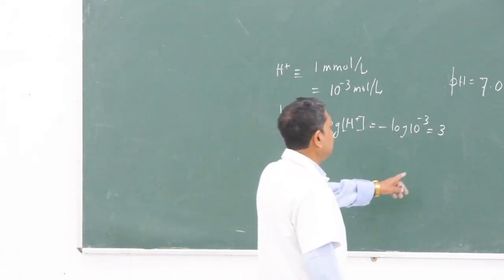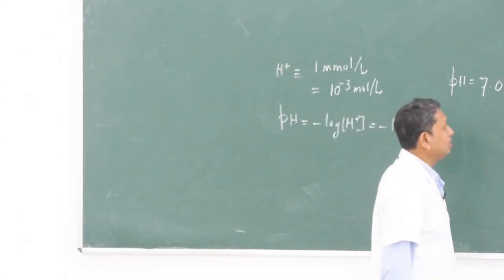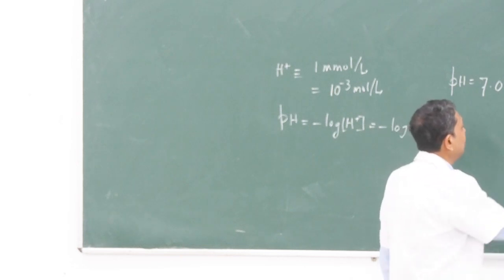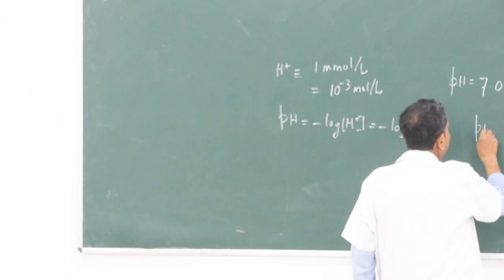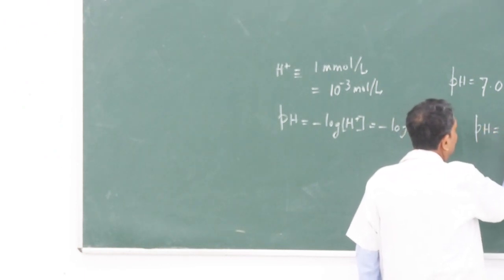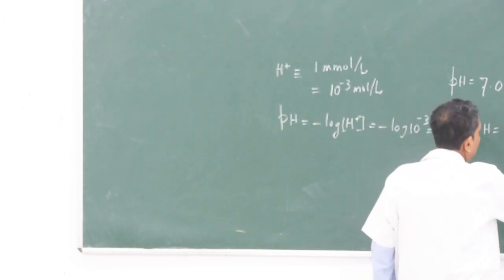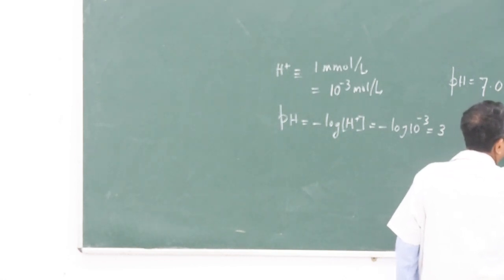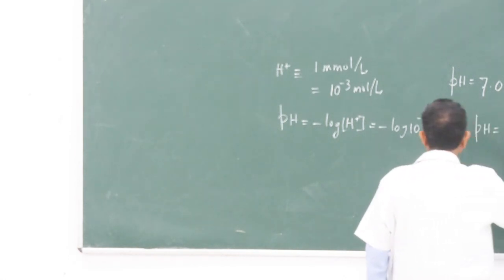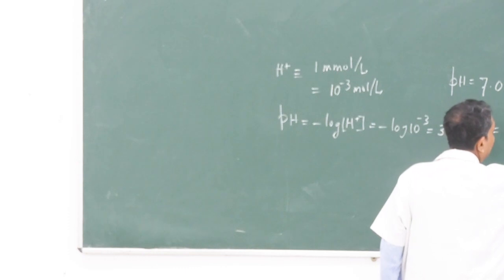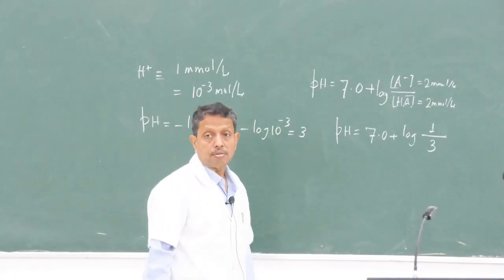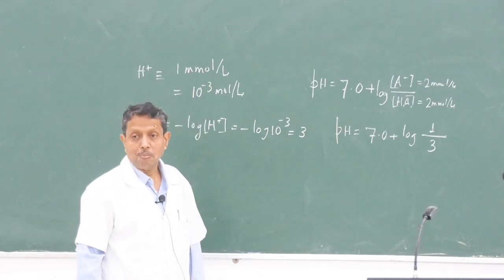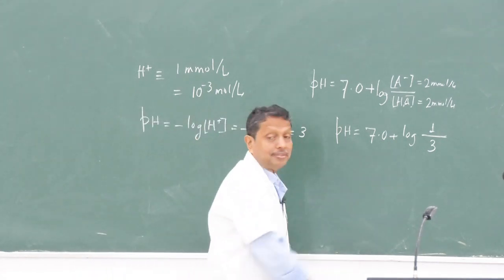there will be reduction of this anion. The pH after addition will become 7.0 plus log 1 by 3.